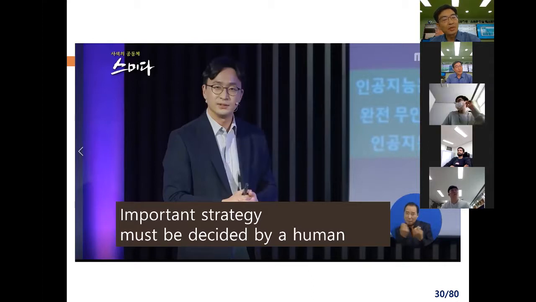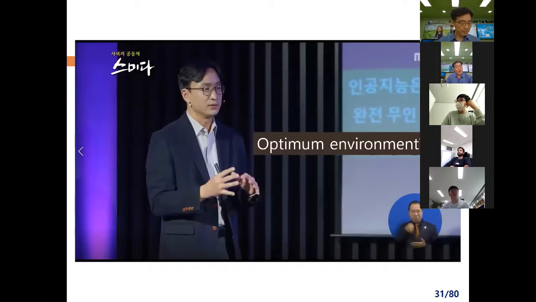But an important strategy must be decided by a human. For example, after a month of planting, what temperature should we set? When crops begin to bear fruit, humans should decide what nutrient to supplement.